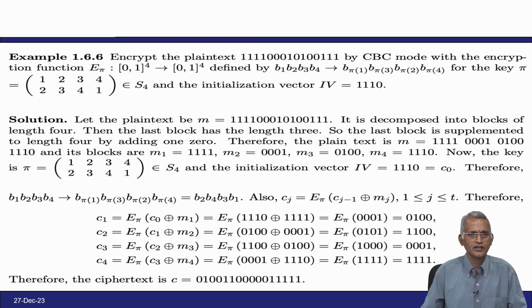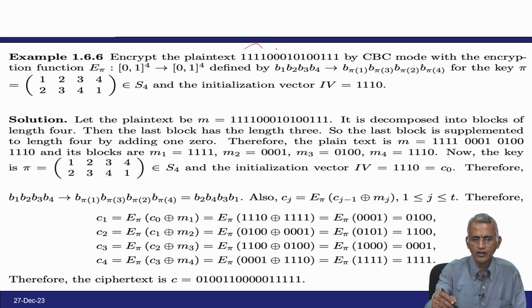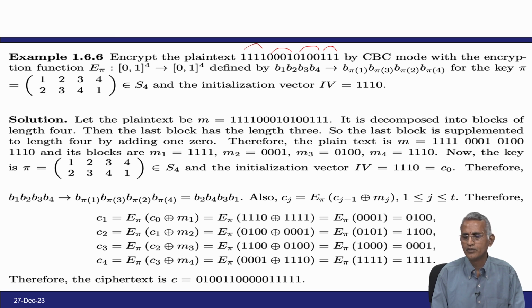Now we will move to the next problem. Encrypt the plain text 41 followed by 0001, followed by 0100, and followed by 111 by CBC mode with the encryption function, the map E pi from the 4-tuples of 0,1 to the 4-tuples of 0,1 defined by B1, B2, B3, B4 to B pi 1, pi 3, pi 2, pi 4.